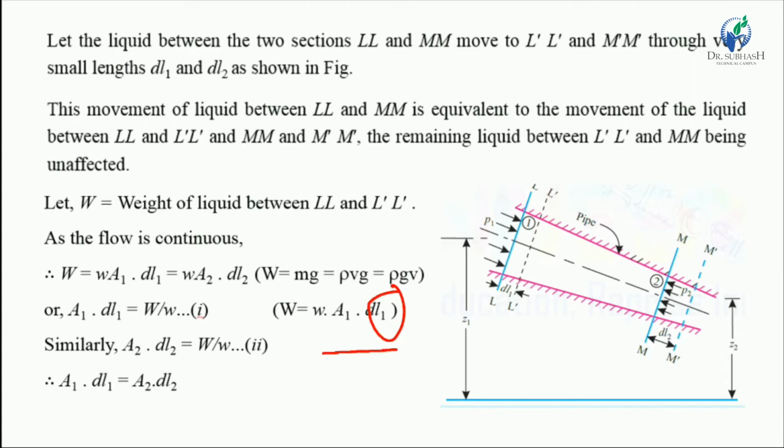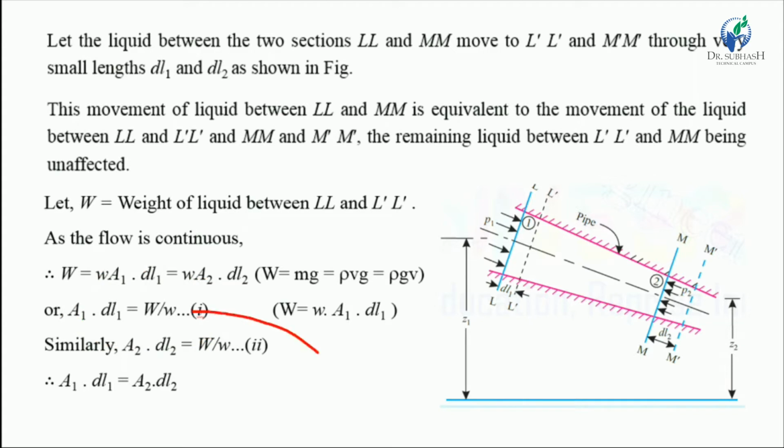So A1 dl1 is the volume, and small w is the specific weight rho g. So W is equal to small w into A1 into dl1. So we get equation 1: the ratio of weight to specific weight is equal to A1 dl1.